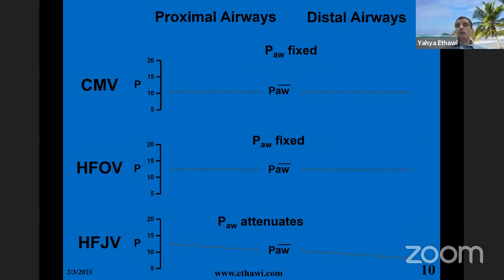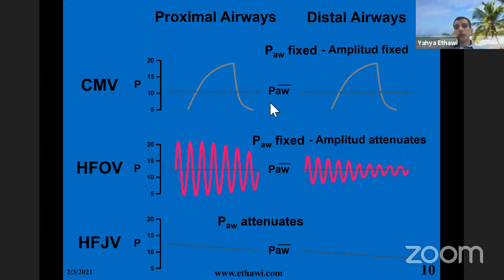In jet, both are attenuated. You can see in conventional ventilation, the mean airway pressure, which is the result of PEEP, PIP, inspiratory time and others, is fixed and never changes. While in high frequency oscillation, the mean is the same, but the amplitude will be attenuated once you move further. In high frequency jet, both the amplitude and the mean airway pressure are attenuated once you go distal.